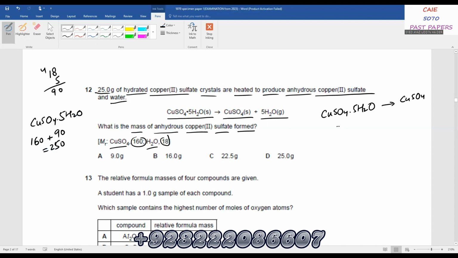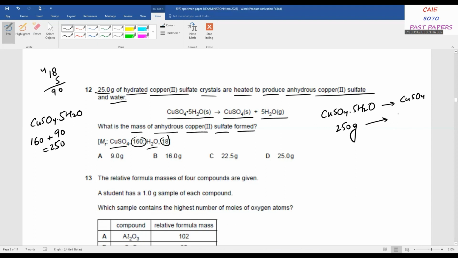So you write 250 grams copper sulfate dot 5H2O gives 160 grams of CuSO4. Therefore 25 grams gives X grams of anhydrous CuSO4. So X is equal to 160 multiplied by 25 divided by 250.